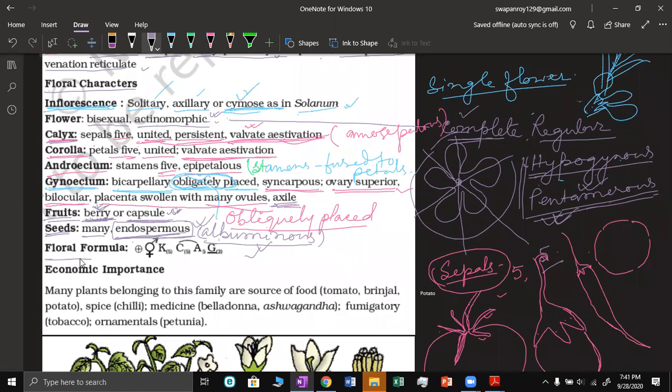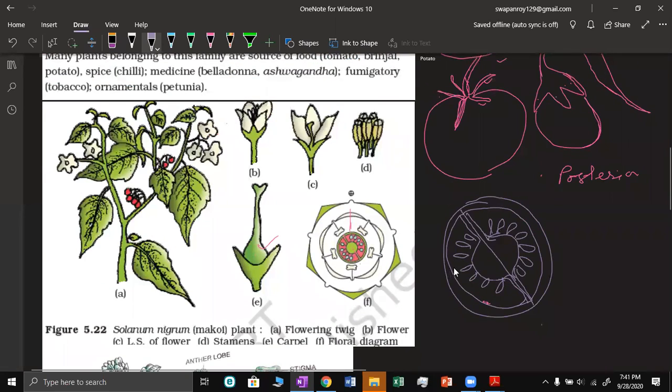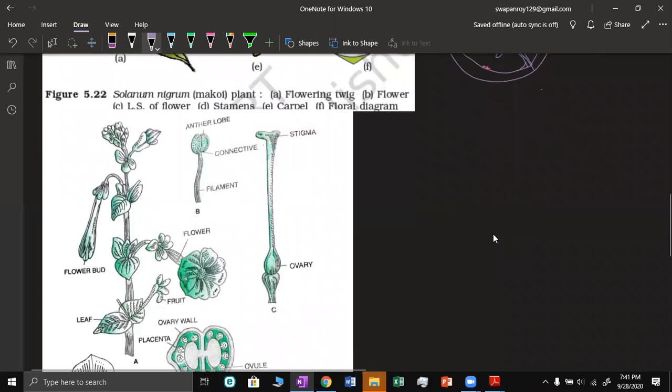After that, floral formula. Like in chemistry, where you can write chemicals with some symbols, here also, though different from the chemical formula, some of the flower characters we can describe with symbols.